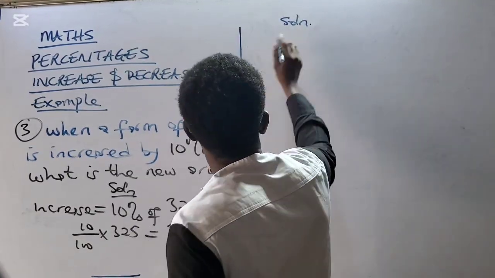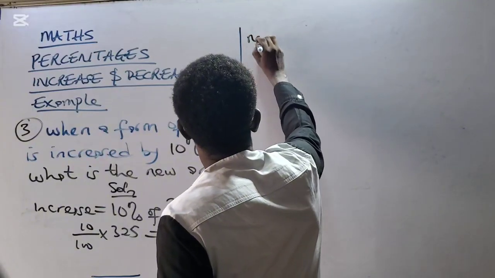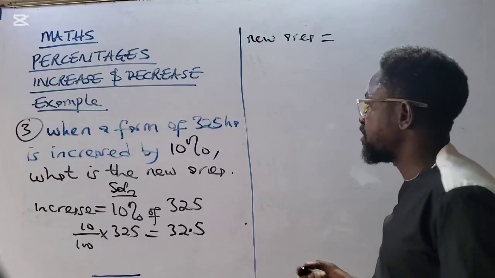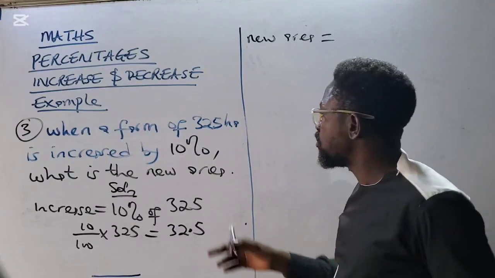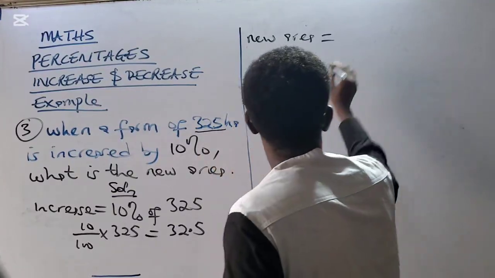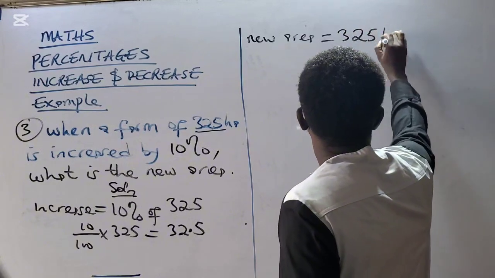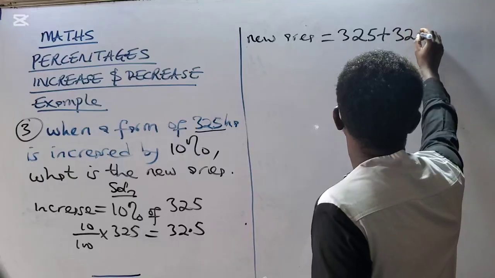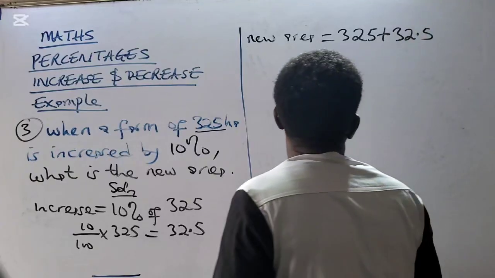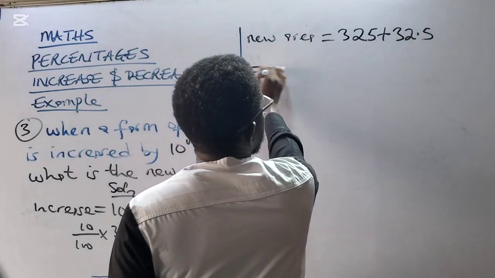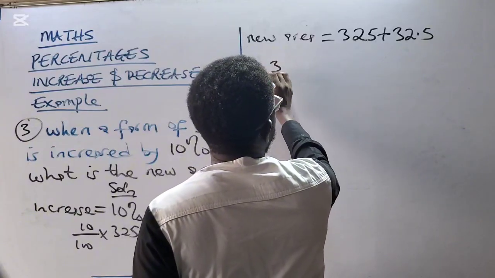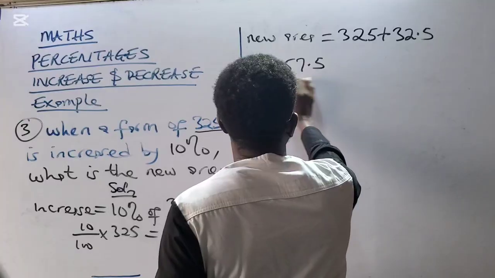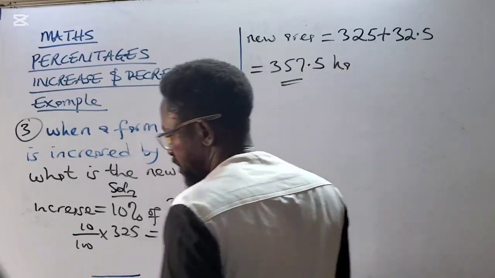The new area, since we are talking about an increase, we are going to have addition, which is the initial area of 325 plus the increase, 32.5, and that will give us 357.5 hectares.